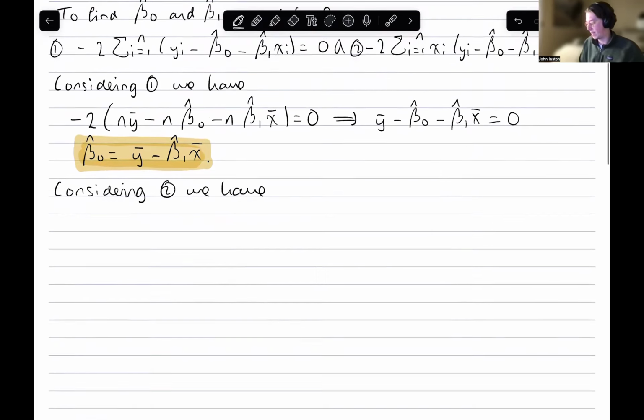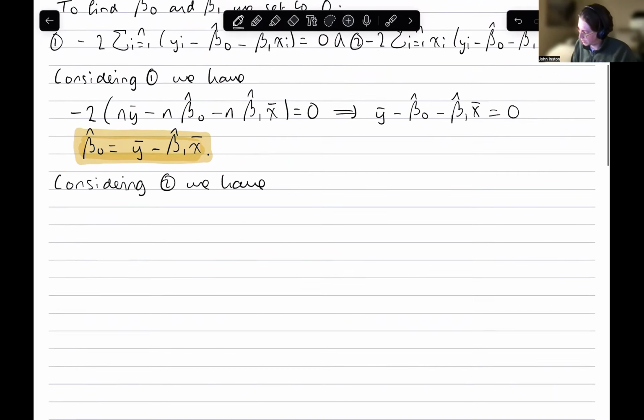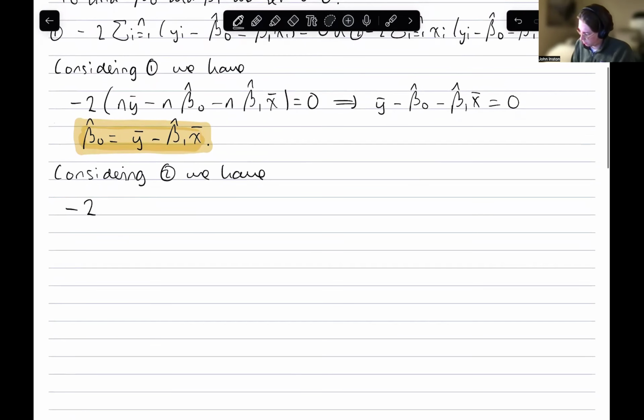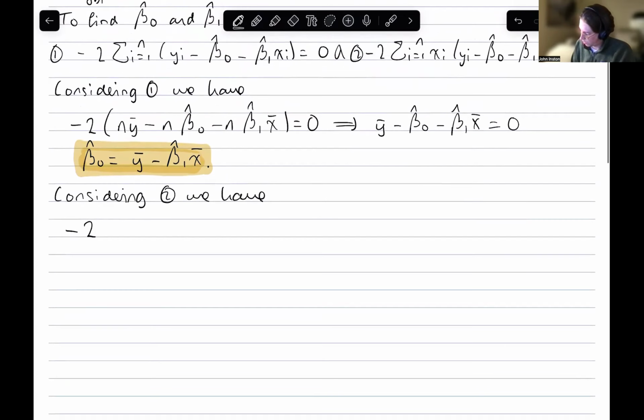So we have that. We'll do the exact same trick. So minus 2, well, I can cancel the minus 2 straight away, but I'll write down the sum.